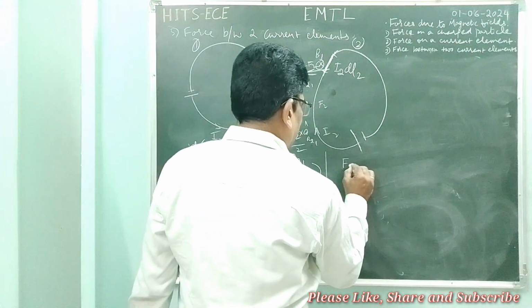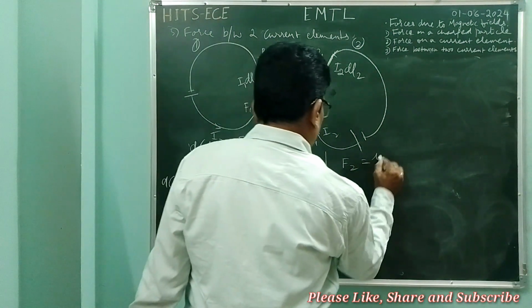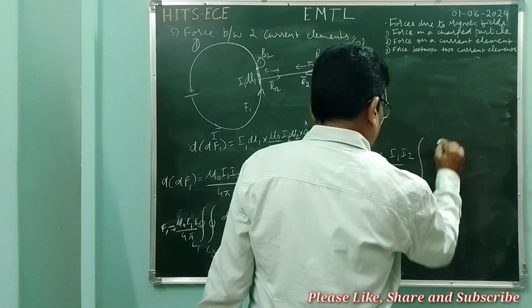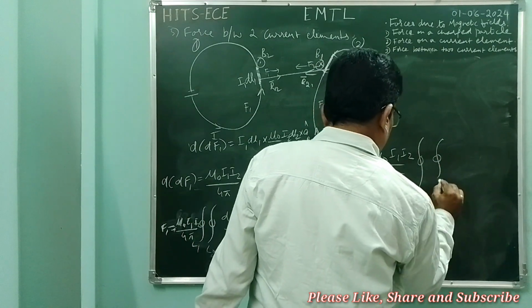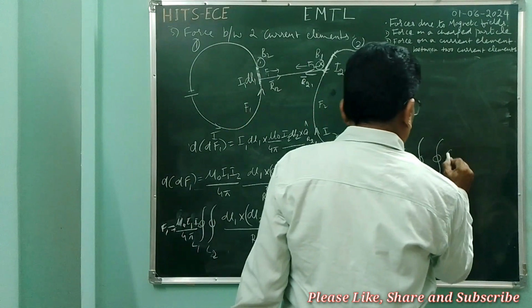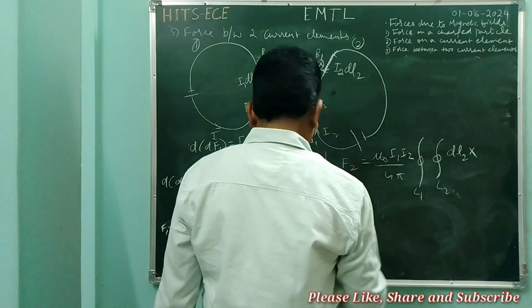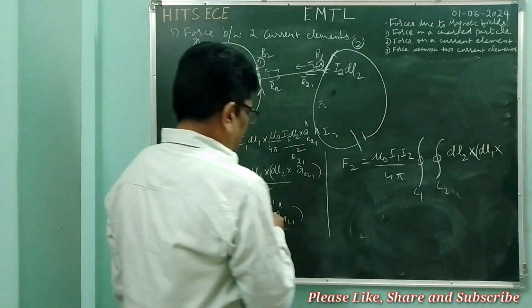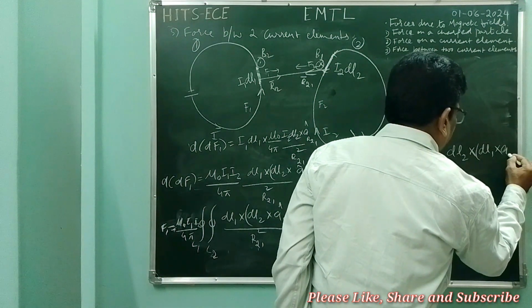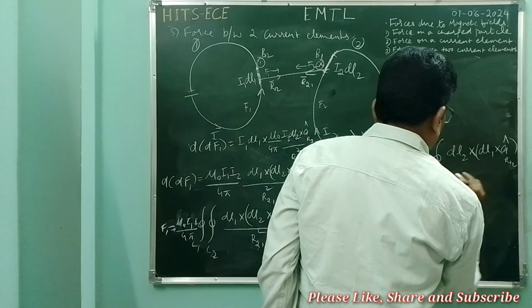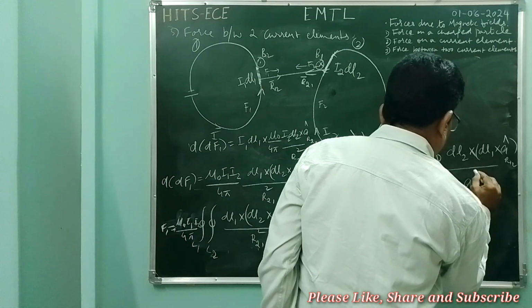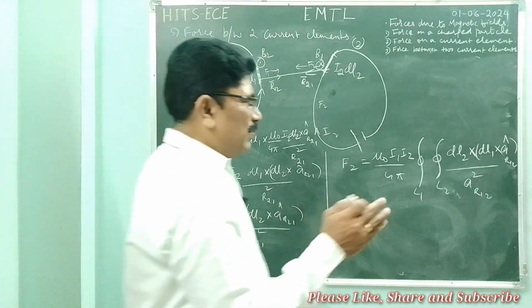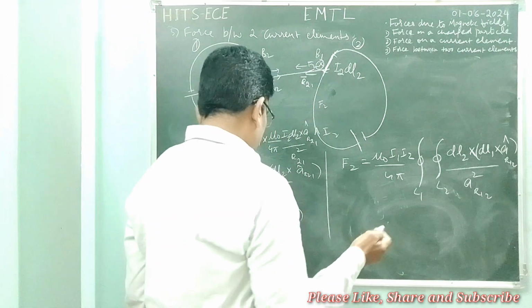So F2 is equal to, just interchanging the suffixes, mu 0 I1 I2 by 4 pi, closed integral over L1 L2 of dl2 cross dl1 cross aR12 cap by R12 square. Because aR12 is equal to aR21, the unit vector is also the same here, so there is no need to modify this. R12 is equal to R21.